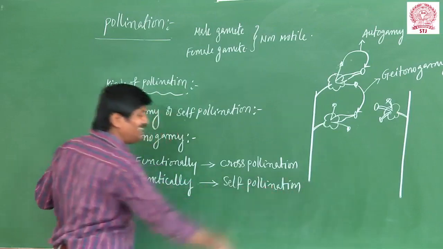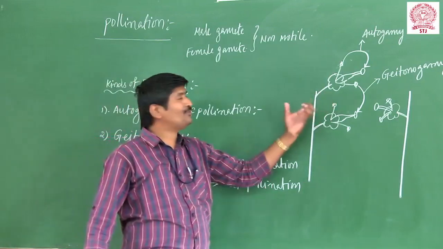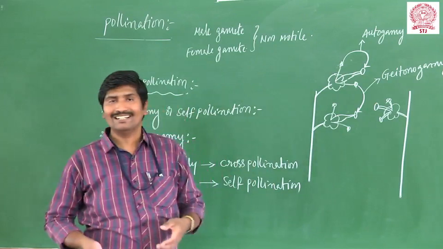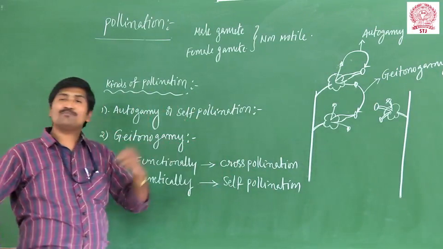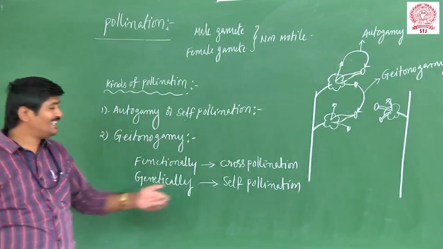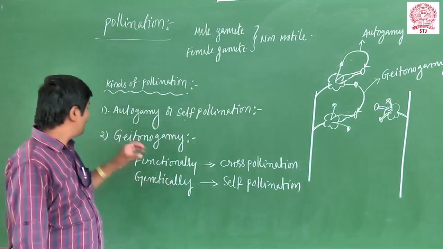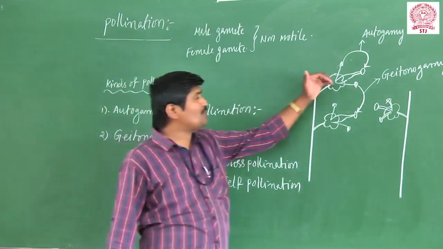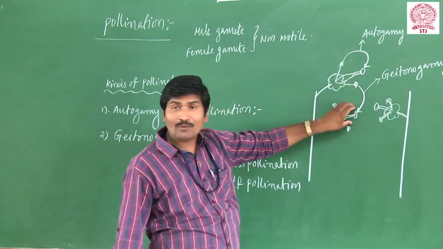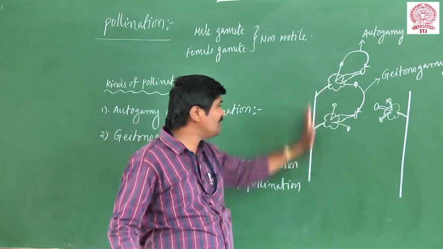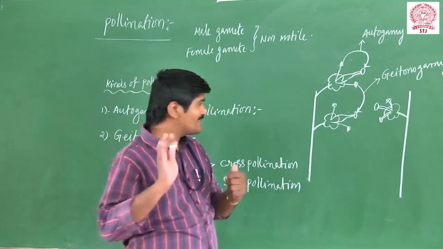Why is it genetically self-pollination? Because the pollen grains came from the same plant. That's why geitonogamy is functionally cross-pollination and genetically self-pollination. So what is geitonogamy? The transfer of pollen grains from the anther of one flower to the stigma of another flower on the same plant.